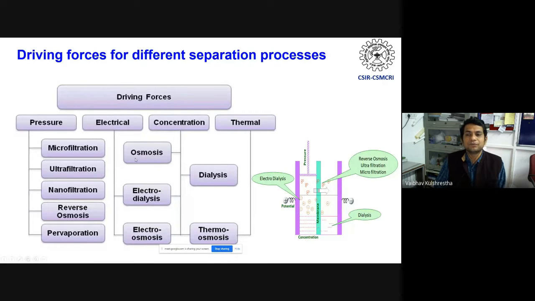Electrical potential is the driving force for electrodialysis and electroosmosis. Concentration is the gradient for dialysis and osmosis, and temperature is the gradient for thermoosmosis. You can see a pictorial view of the different driving forces here also.